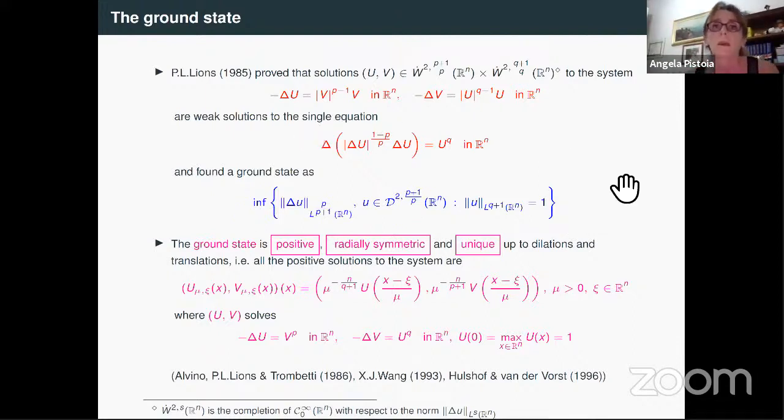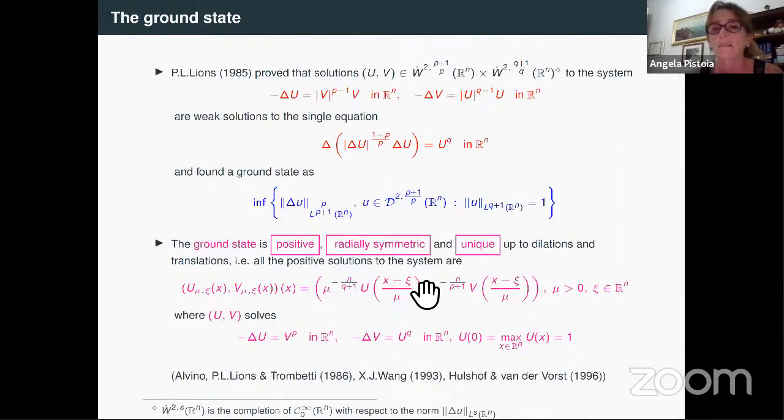It is possible to prove, and that was done by this list of people, that the ground state is positive, radially symmetric, and unique up to dilations and translations. It means that all the positive solutions to the system are given by this pair of functions, which are obtained from U and V by translation and dilation.